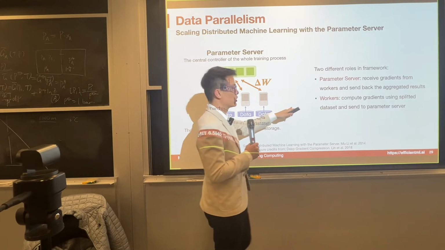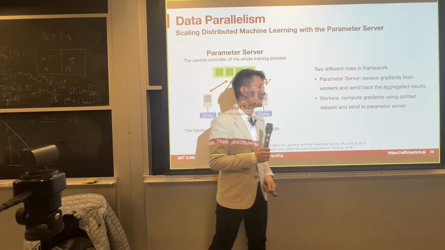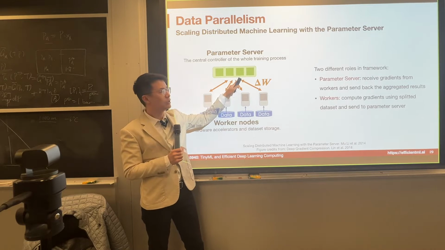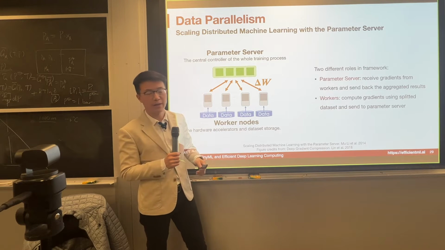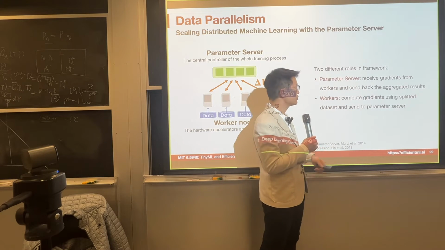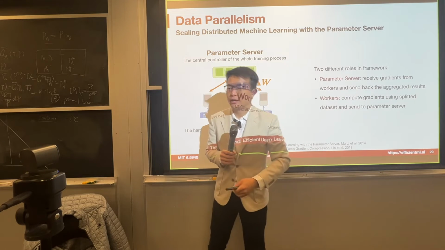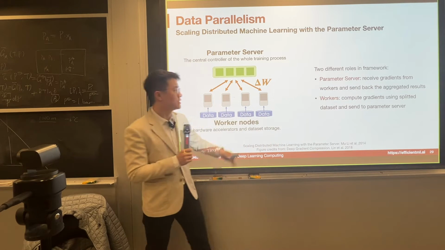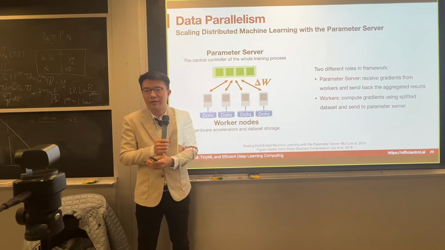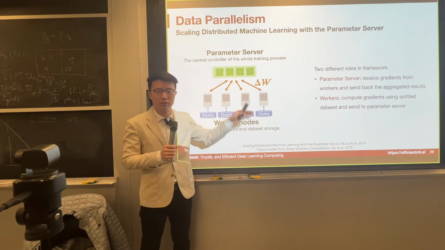The workers compute the gradient using a split data set and send it, the delta W, which is the gradient, to the parameter server. The parameter server receives those gradients from the multiple workers. Since they have different copies of the gradient, the parameter server will aggregate them together, update the weights, and send the weights back to the multiple workers.